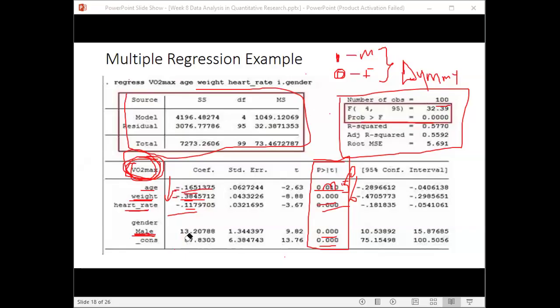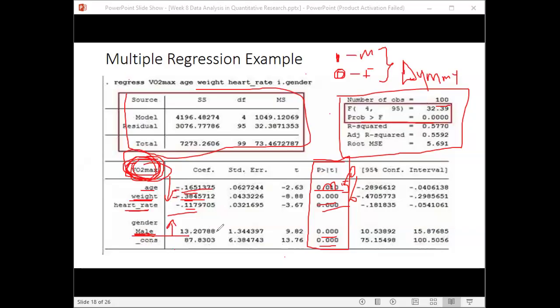Here it is positive 13.20. You interpret it as being male, because it's positive, increases the VO2 max, which is your dependent variable, by 13.20788 units. Okay, that is how you interpret it.